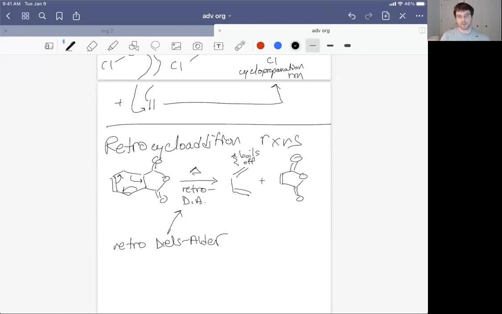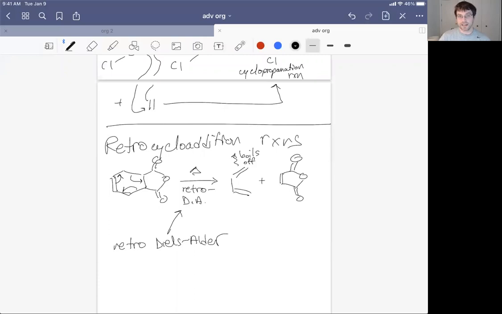Sometimes people use this as a little bit of a protecting group for alkenes, which has always been kind of interesting to me. This is also the reason why the exo rule dominates, or exo products can form under high temperature. If you remember, the endo product of a Diels-Alder reaction is more sterically hindered and thermodynamically less favorable. So the universe doesn't really want to form endo products, but they're very fast to form.